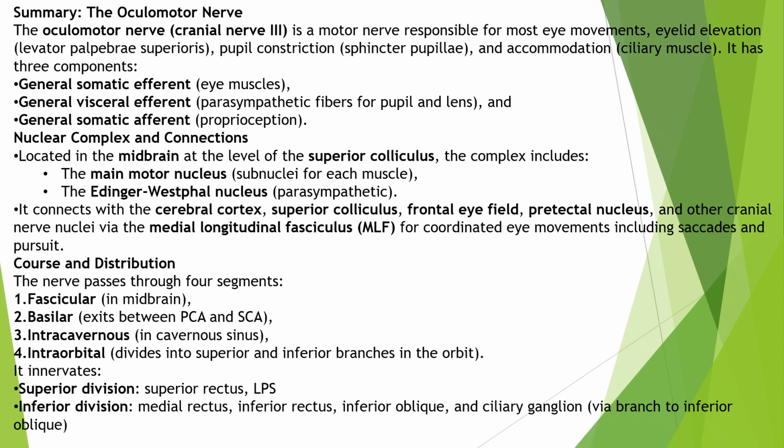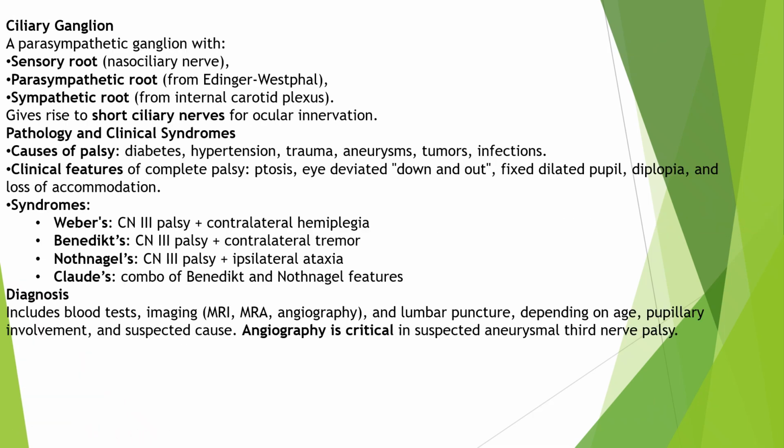It connects with the cerebral cortex, superior colliculus, frontal eye field, pretectal nucleus, and other cranial nerve nuclei via the MLF. It has four segments: fascicular, basilar, intracavernous, and intraorbital, and it innervates the superior and inferior divisions. The ciliary ganglion is a parasympathetic ganglion with a sensory root from the nasociliary nerve, parasympathetic root from the Edinger-Westphal nucleus, and sympathetic root from the internal carotid plexus.